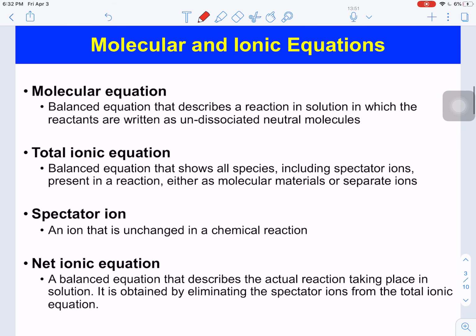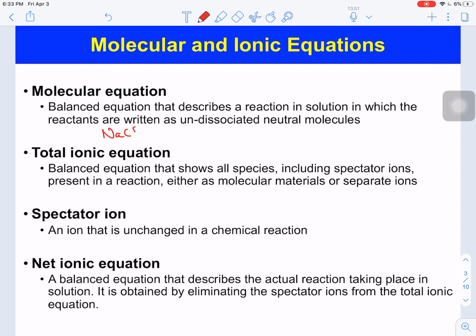Now we're going to move on to some molecular and ionic equations. So molecular equations are what everyone is used to. It's just the normal thing we've been getting in chemistry.